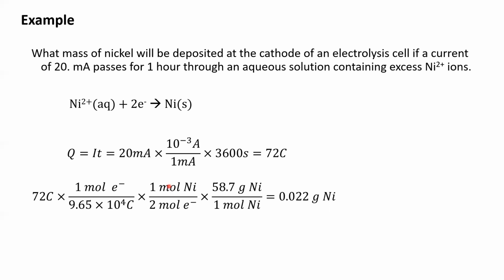And then the periodic table enables us to go from moles of nickel to grams of nickel. So if we were to pass 20 milliamps for 1 hour through a nickel ion solution, we would electroplate 0.022 grams of nickel onto the cathode.